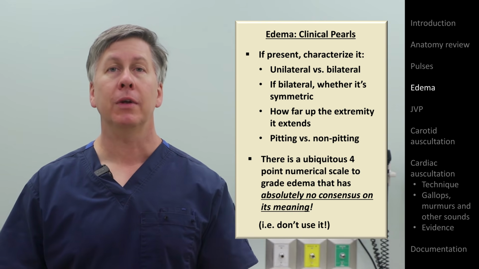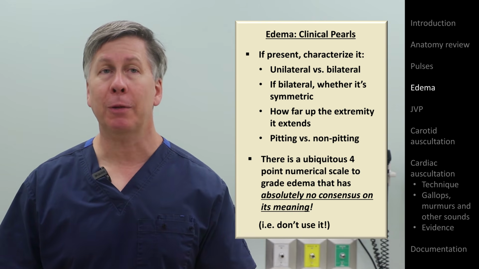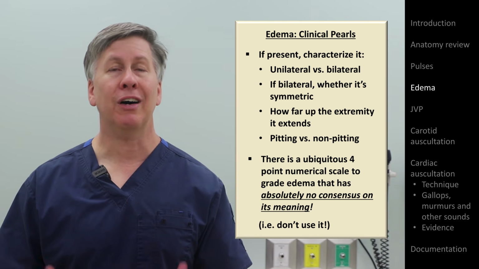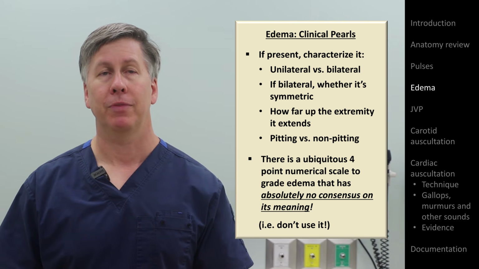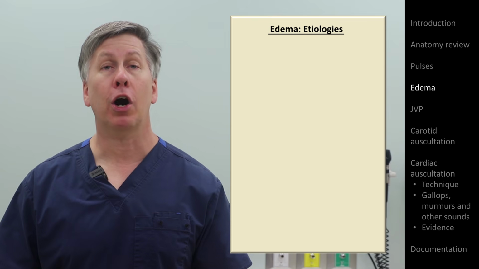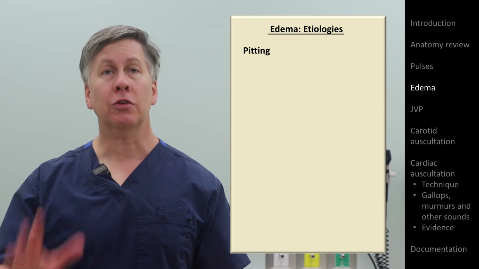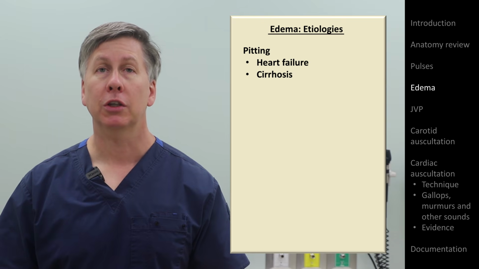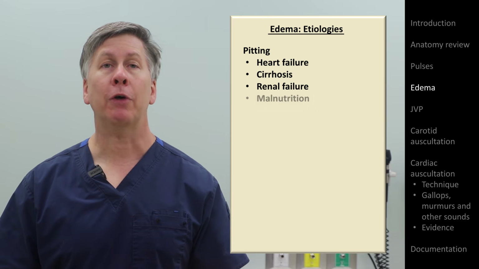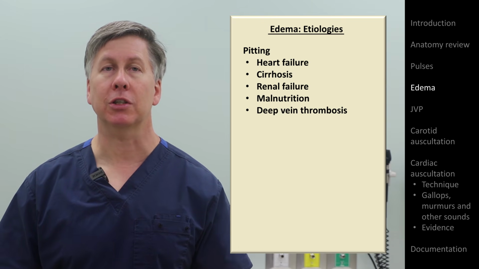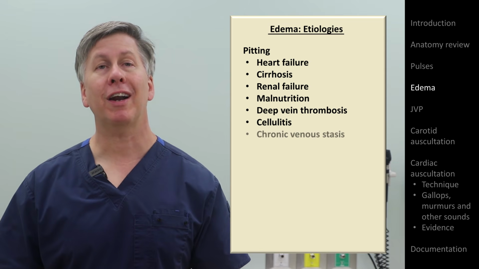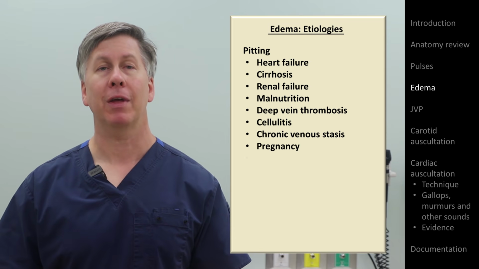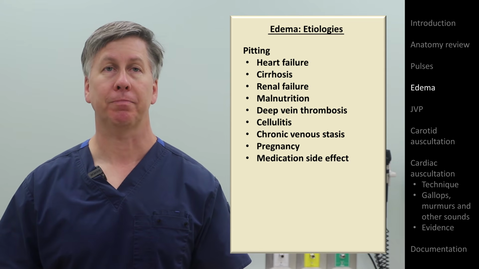Or alternatively, describe edema very specifically if it's a central feature of the patient's presentation. Etiologies of pitting edema are many. Just the relatively common ones include heart failure, cirrhosis, renal failure, malnutrition, deep vein thrombosis, cellulitis, chronic venous stasis, pregnancy, and a medication side effect.